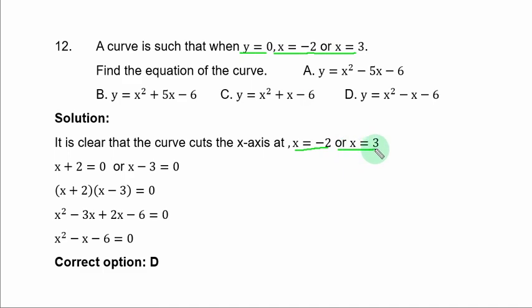At these points, y is equal to 0. So we simply form the equation using the solution. What actually produced x equal to minus 2 is x plus 2 equal to 0, and what produced x equal to 3 is x minus 3 equal to 0.